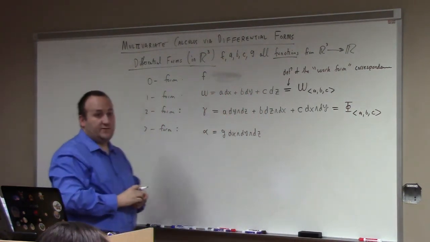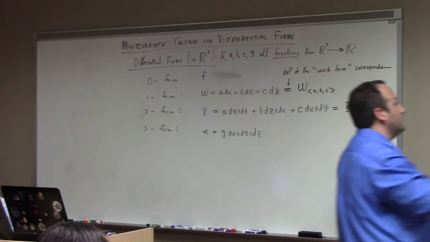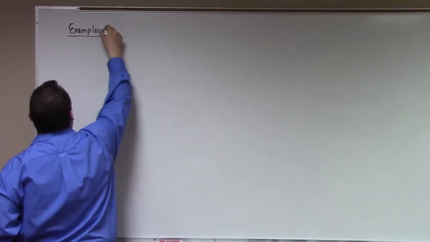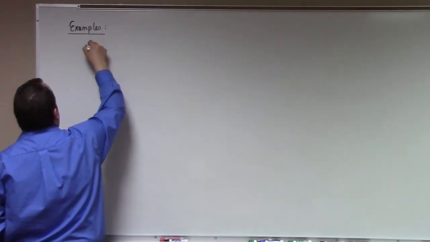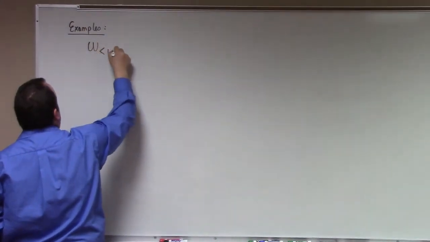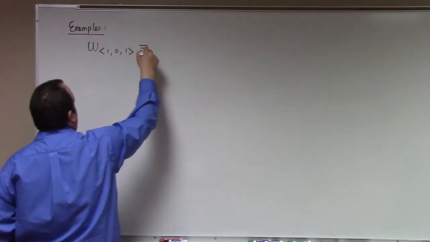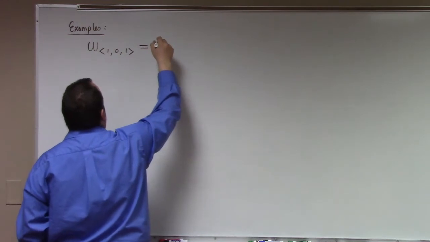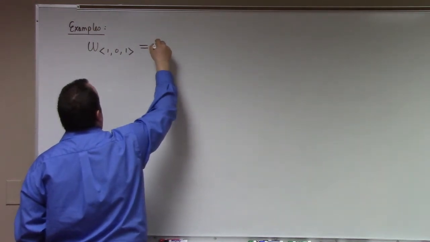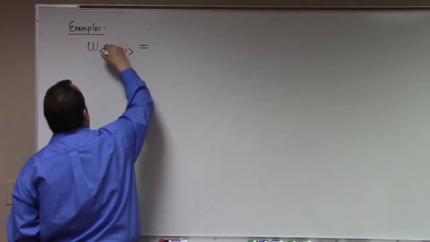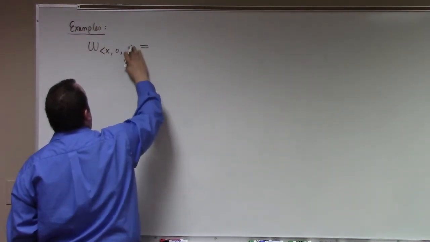Let me give you some examples of the work form and the flux form. That's the general definition over here, but here's an example. We could talk about the work form of, let's say, 1, 0, 1, which would be, oh, that's too boring. Let's do x, 0, y squared.